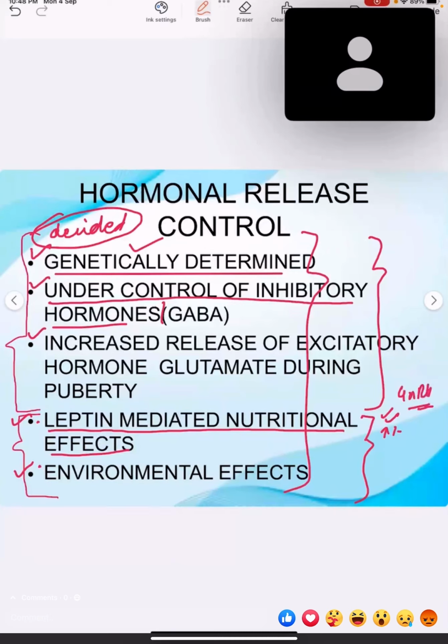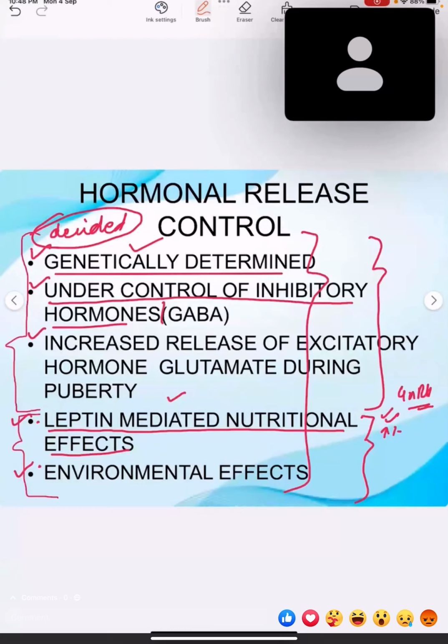So the girls who are obese become mature early as compared to the girls who are thin. If we recall our patients, those with chronic disease, who are very thin and lean, also have a problem of delayed puberty.